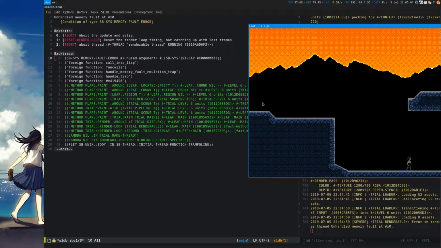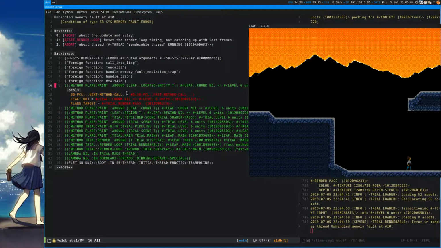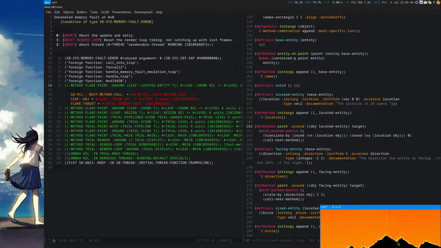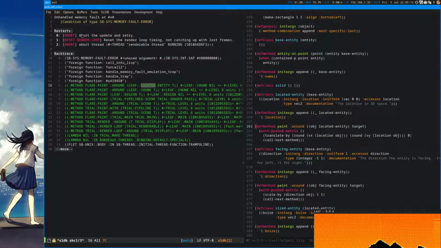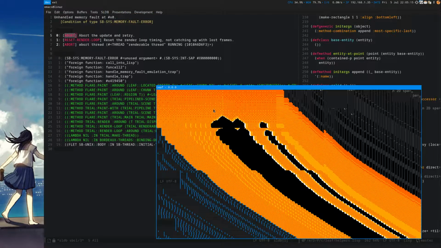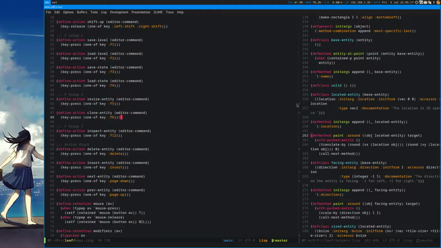Unhandled memory fault. Great! Haven't seen that in a while. Well, well, well. Okay, I guess we're not doing this tonight.